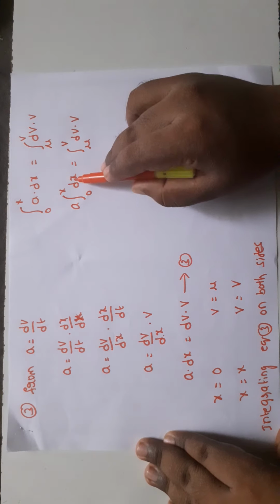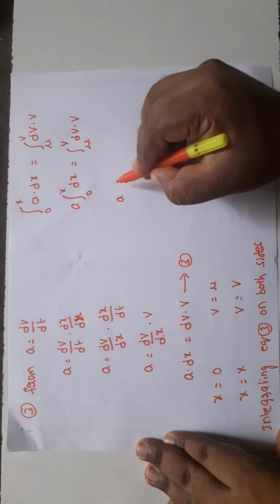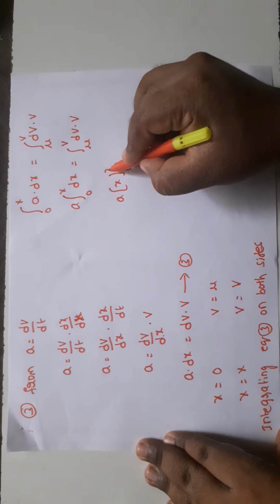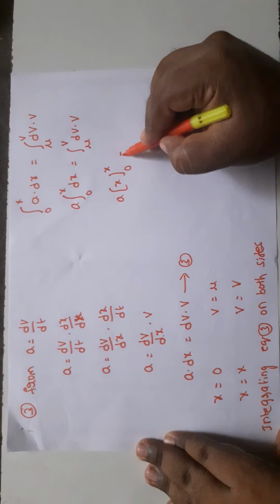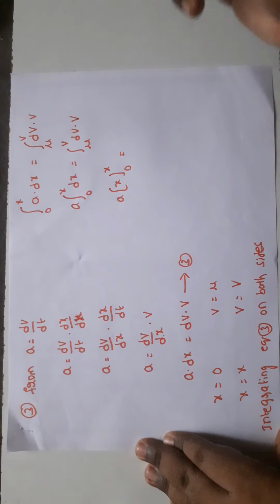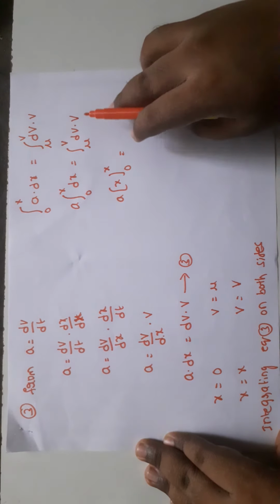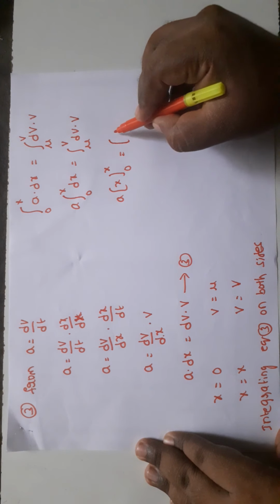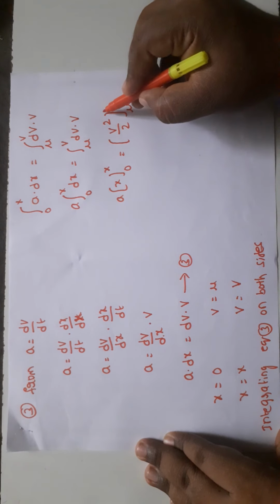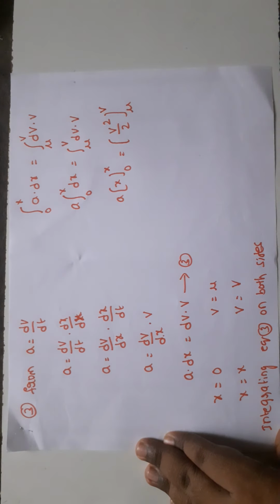Integral of dx equals x, applying the limits 0 to x. Now integral of v dv. Integral of x dx or integral of t dt, what do we write? t square by 2 or x square by 2. Similarly, integral of v dv is v square by 2, with limits u to v.